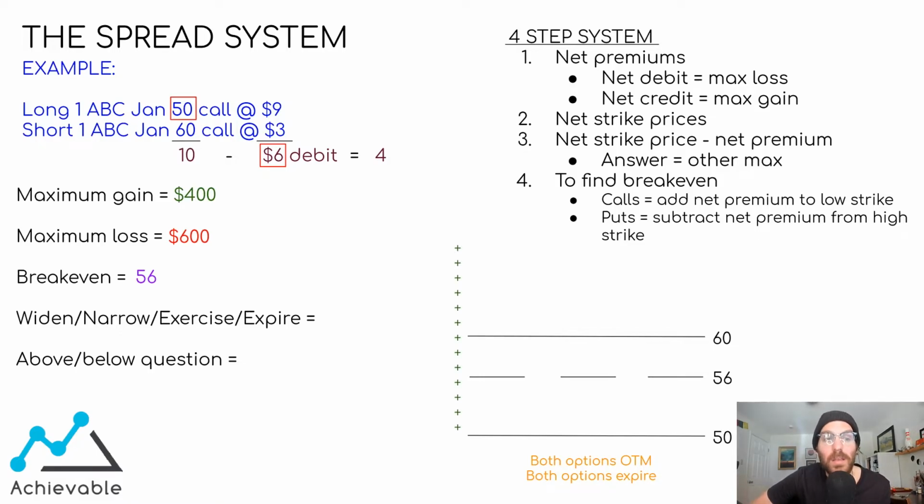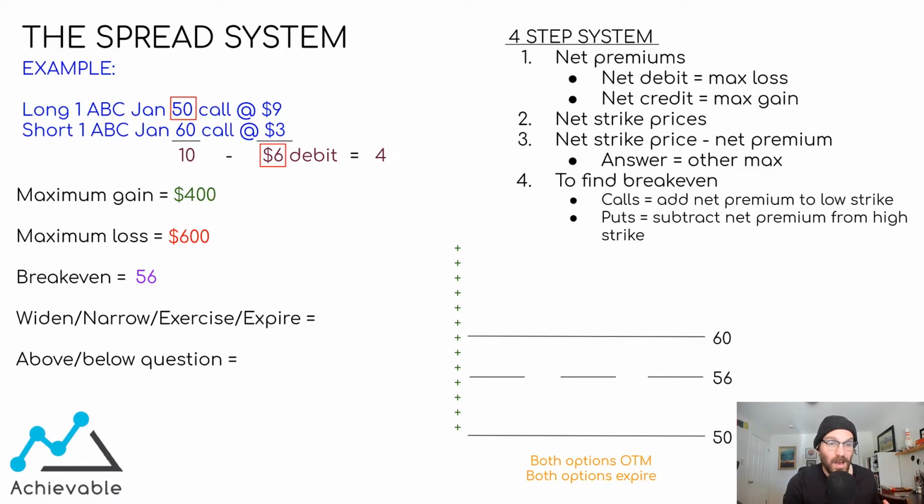Now, once the market goes above 50, the long call goes in the money, meaning it starts gaining intrinsic value as the market goes up and starts making money for the investor. And just like any other long call, it has unlimited gain potential and will make money all the way into infinity. It's no mistake that once we get to 56, the long call is $6 in the money, which means it's made them $600.